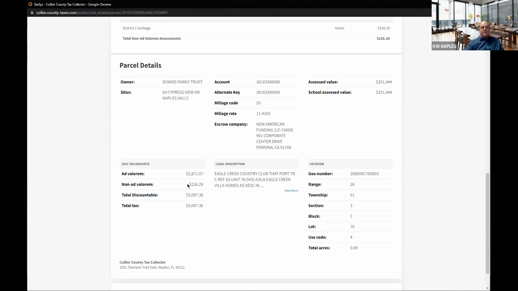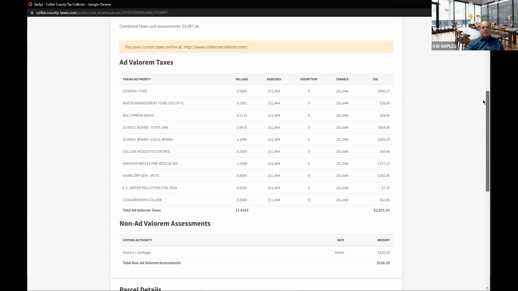We'll see non-ad valorem, which happens to be waste management. If that number is bigger than that, it could be a CDD or an FSD that's collected by the tax collector but administered separately. In this particular case, there's no CDD, so that non-ad valorem amount really is the waste management amount that's collected and paid directly to.